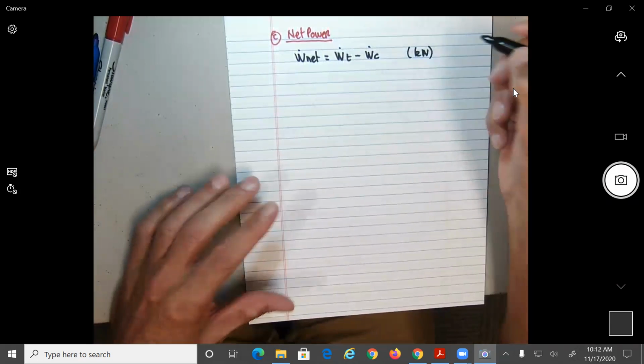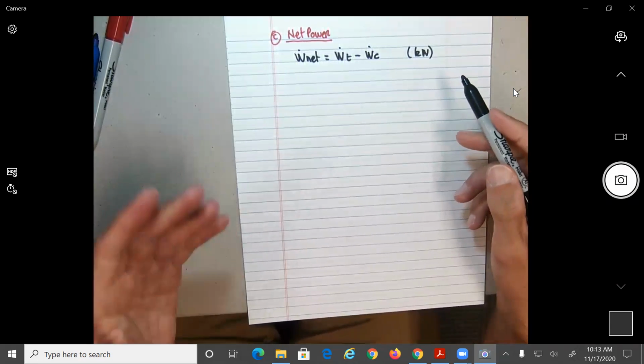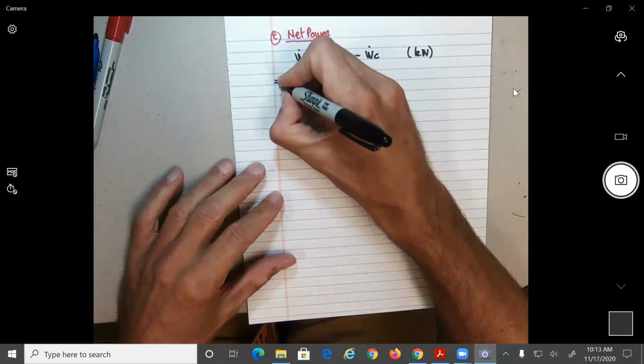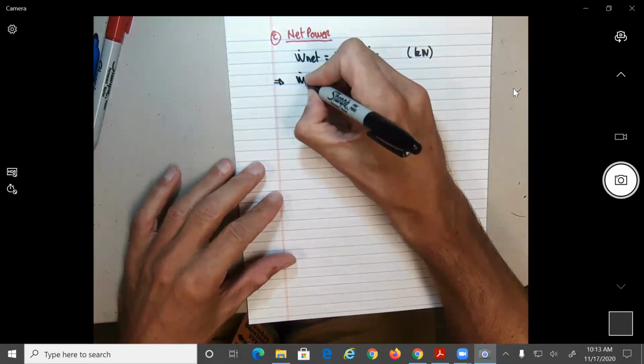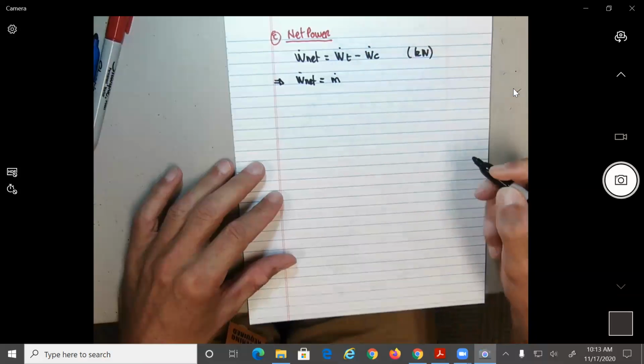So this is a problem. They don't ask us to find this per kilowatts would be good per kilogram. That would be good. So what does that mean? That this is going to be equal to the mass flow.